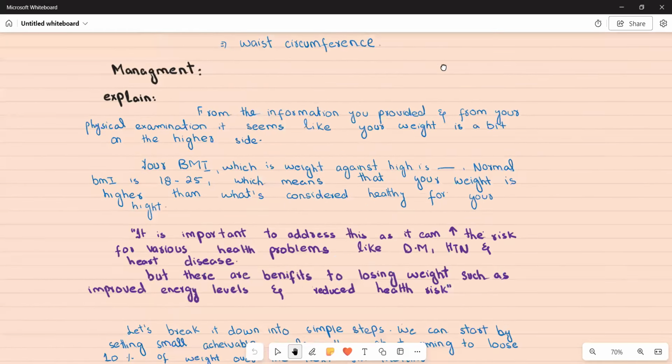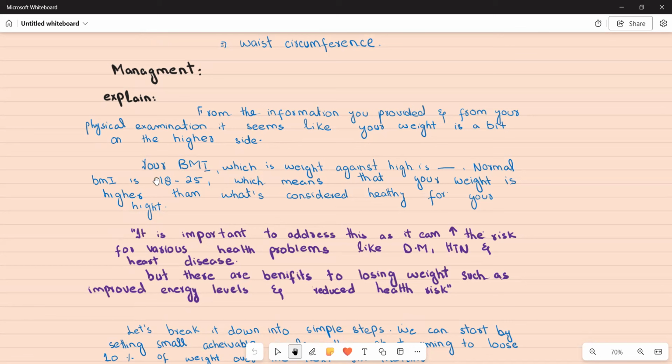Okay. Then we are going to start management. Like every other station, we are going to start our management by explaining the condition to the patient. So we are going to tell the patient, from the information that you provided and from your physical examination, it seems like your weight is a bit on the higher side. You're also going to explain what BMI means.